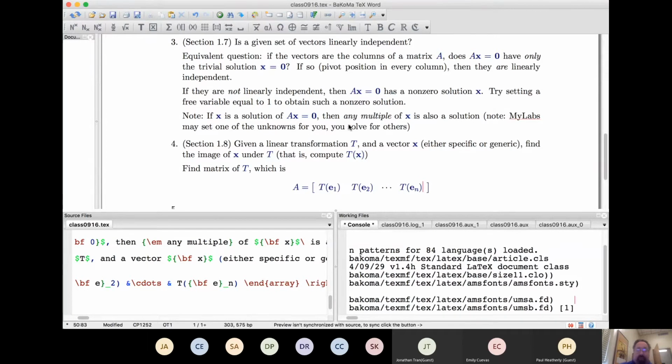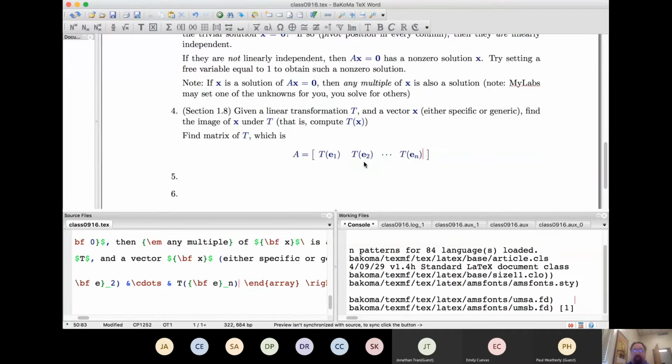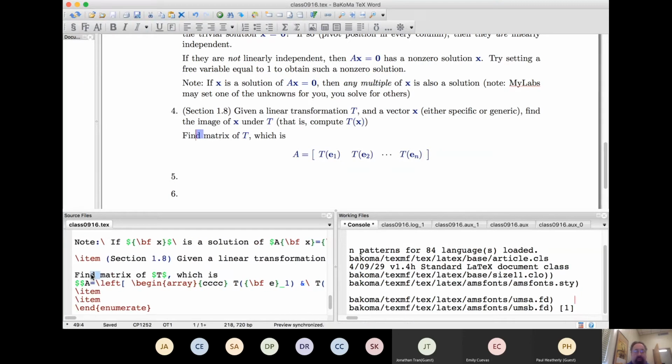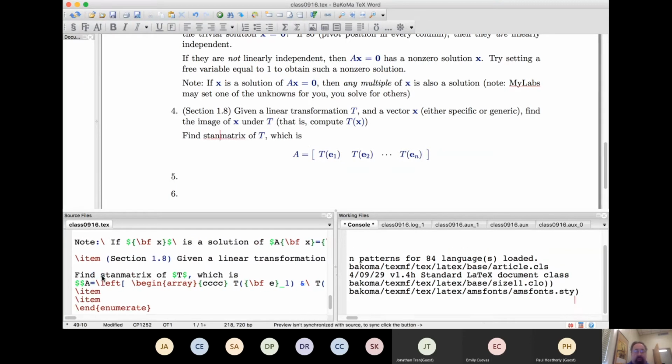Depending on how MyLab phrases a problem, they may actually give you these. This is also referred to as the standard matrix.